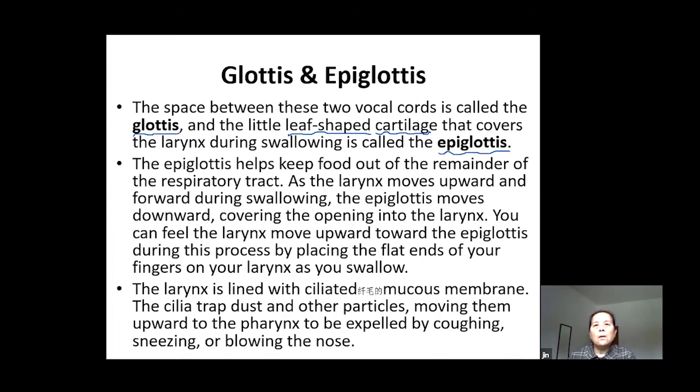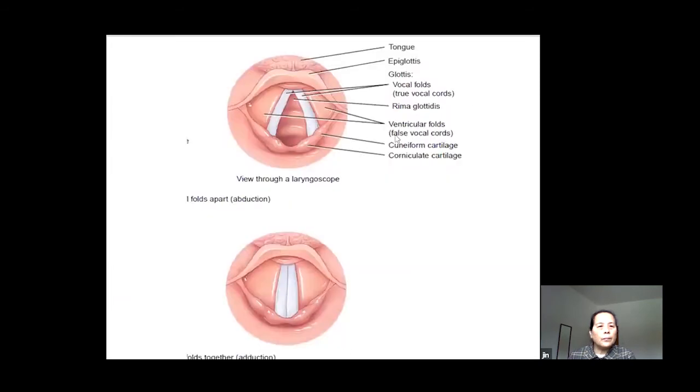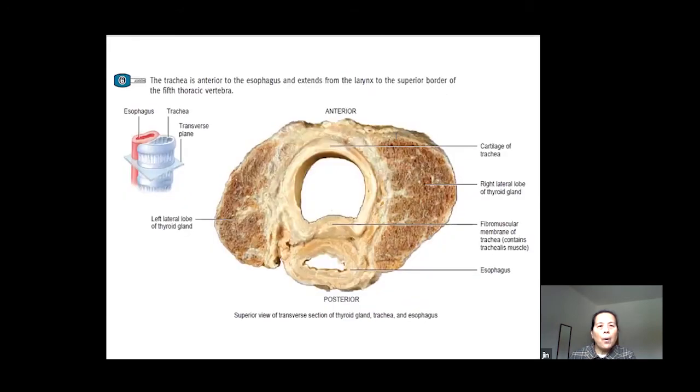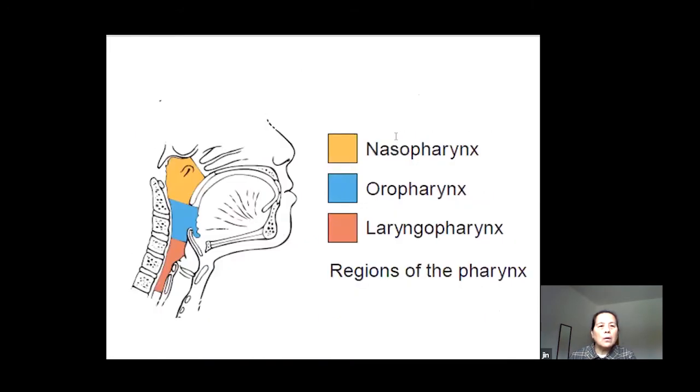The pharynx works for both the respiration system, air passing, and the digestion system, food passing. And we also have two tubes below.